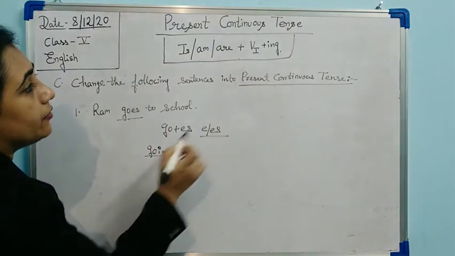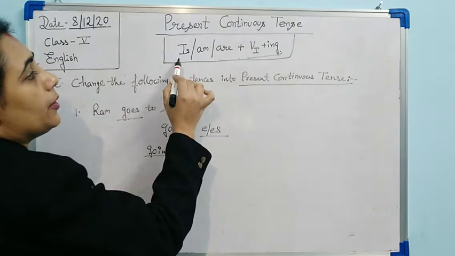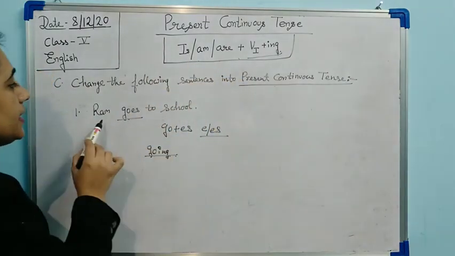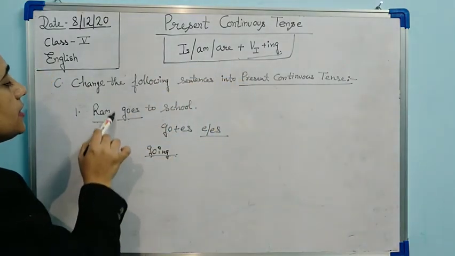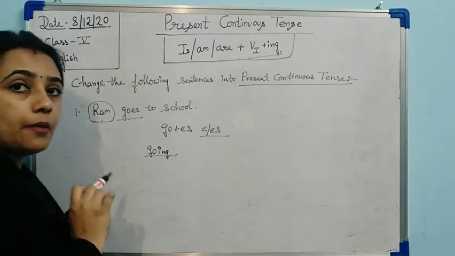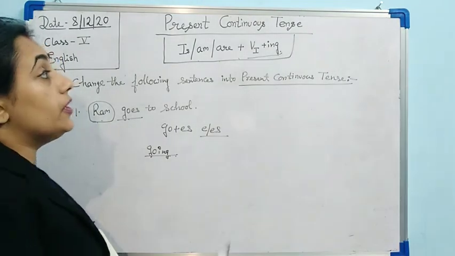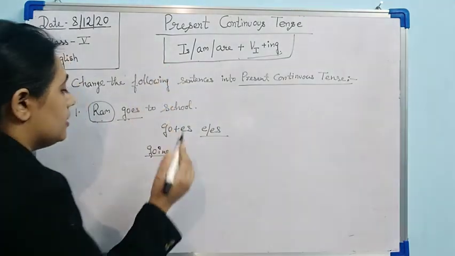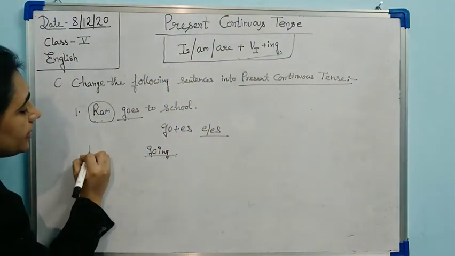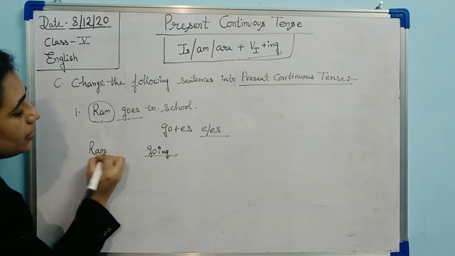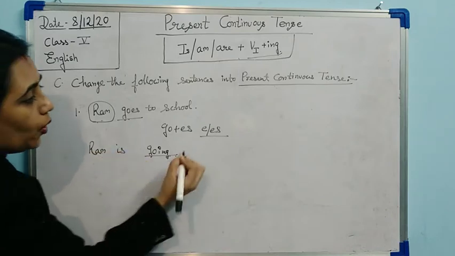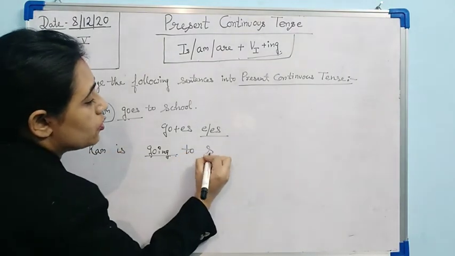We have derived this. Now, what about is, am, are? We will see the subject. Subject is Ram. Ram is a single person. So, for a single person, we will use is. So, what sentence are we getting? Ram is going to school.